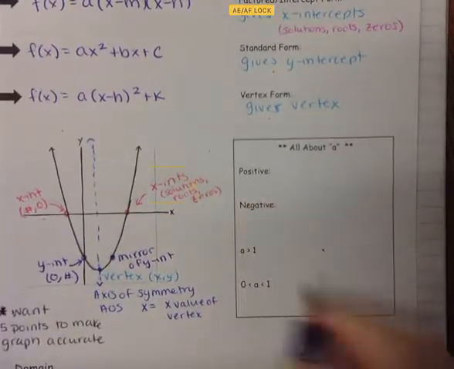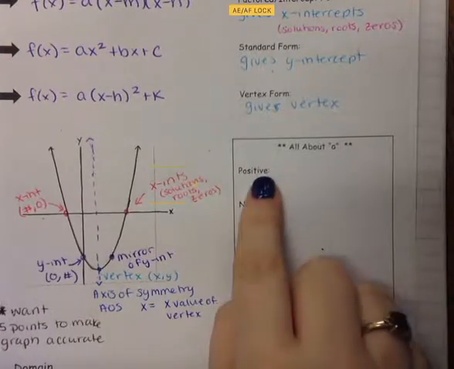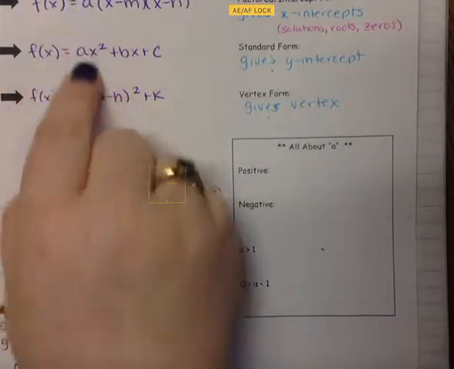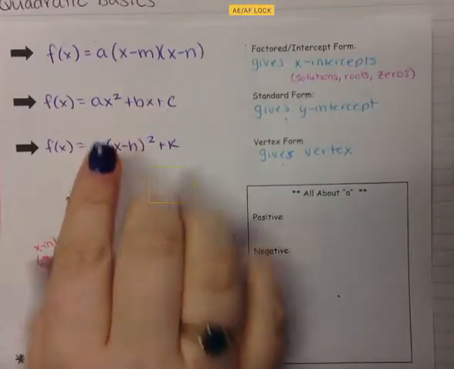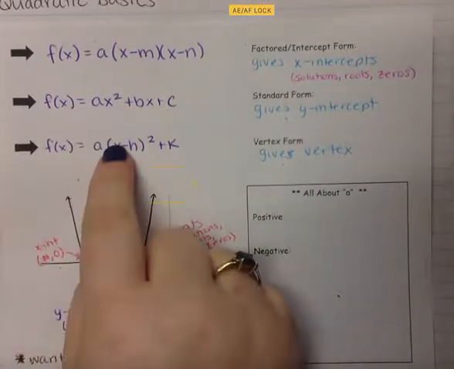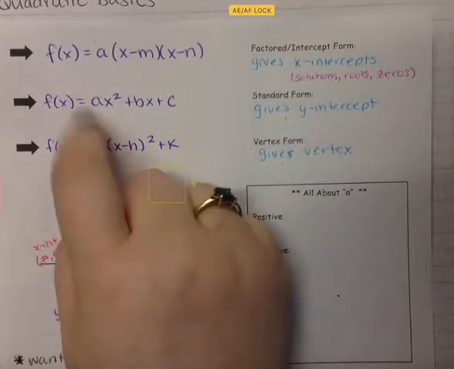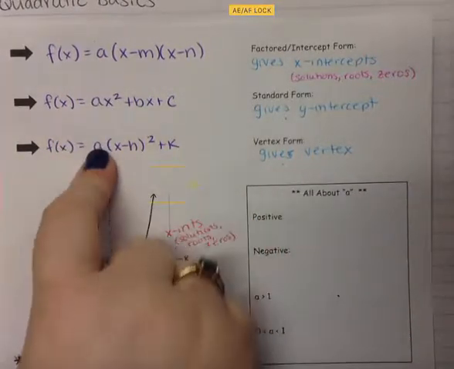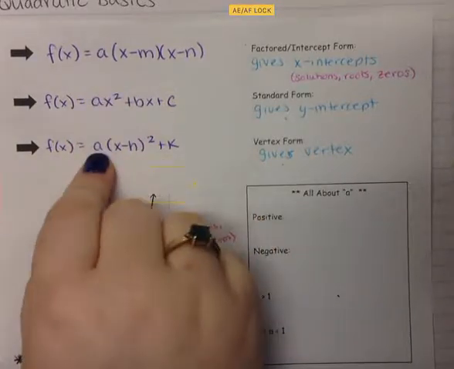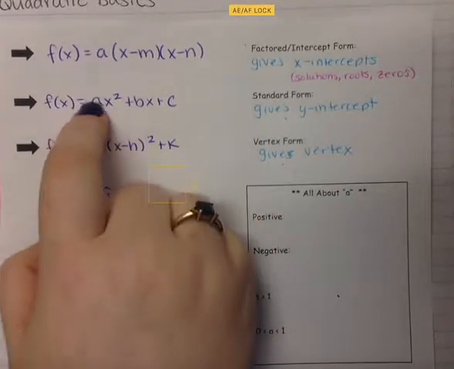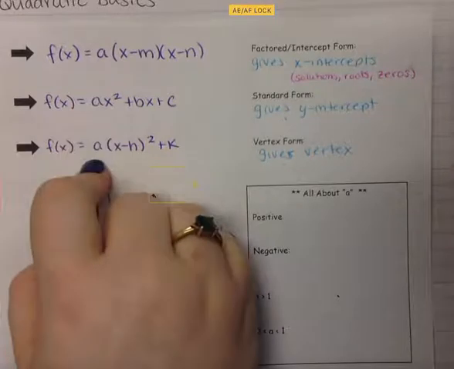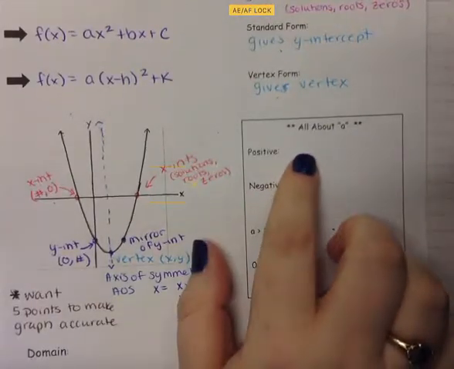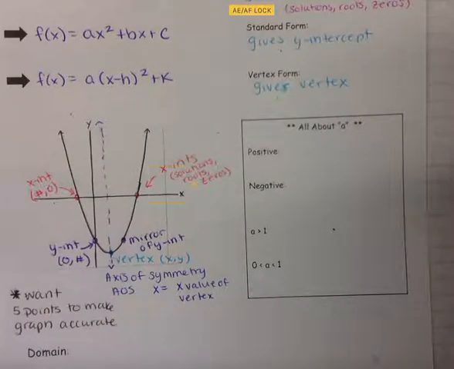The a tells us so many different things. If the a value is positive, and the a value for all of these, if I'm dealing with one graph, is the same a value, so all a values will actually be the same. So when we convert them, all of the beginning terms should always be the same number right here. If the a value is positive, your graph will actually open up.